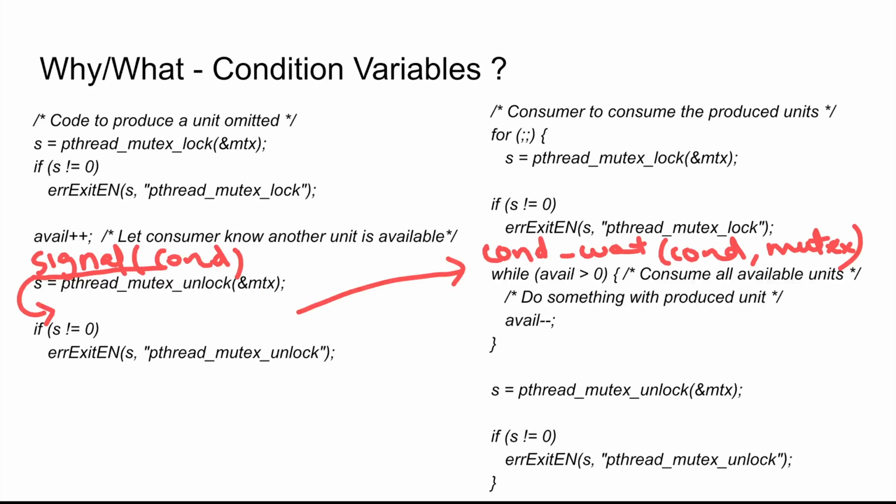However, if the signal has been done before the mutex unlock, then the mutex lock inside the condition wait would again block. The producer would first unlock the mutex, and then the relocking inside the condition wait would pass, and then we can proceed ahead and consume all the available units.